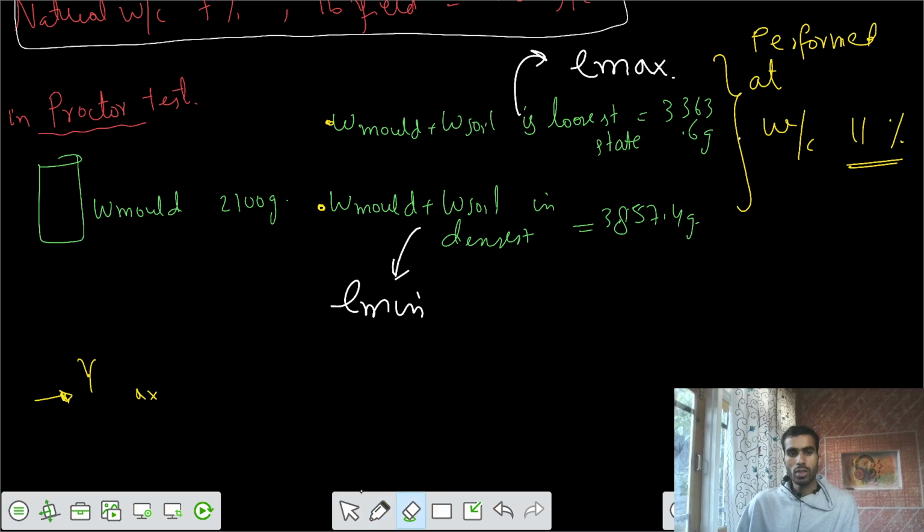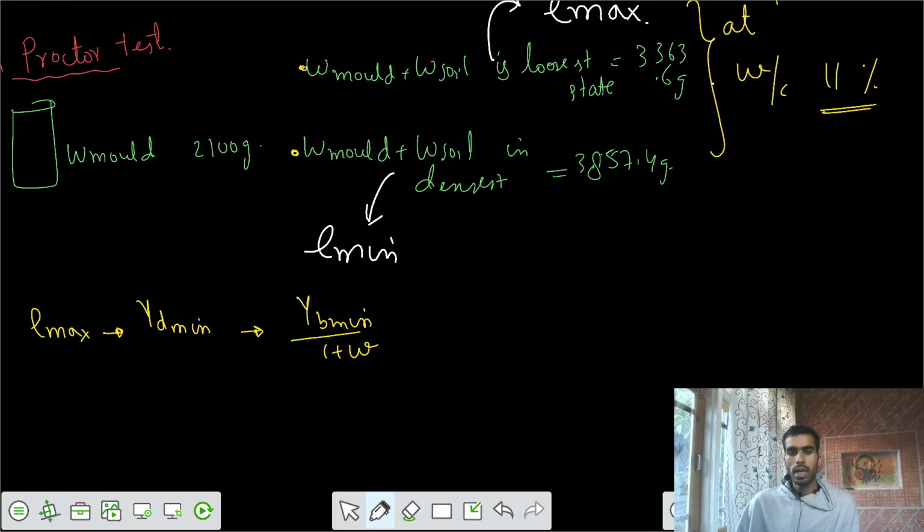The procedure here is that first we need to solve for the value of e max. At that time, your value of gamma_d should be minimum, and this can be solved from gamma bulk minimum divided by 1 plus the water content. So let's go for the gamma bulk at that time.